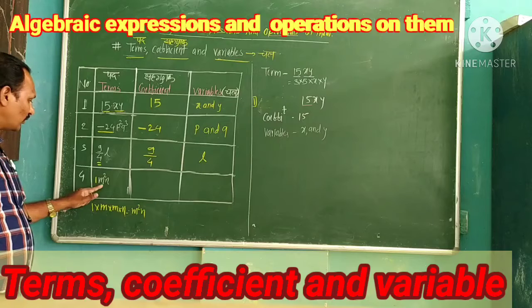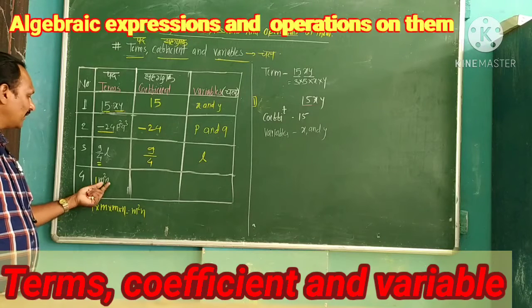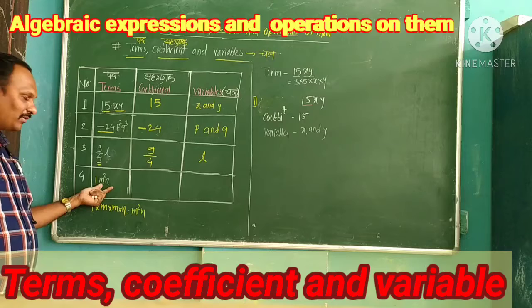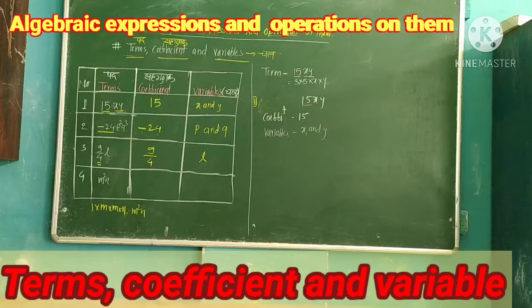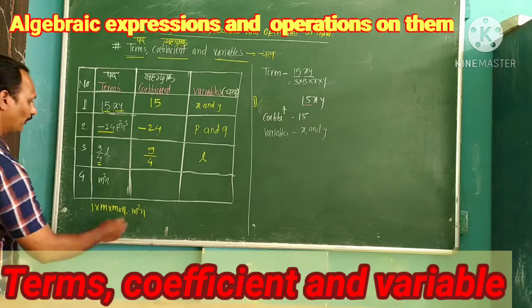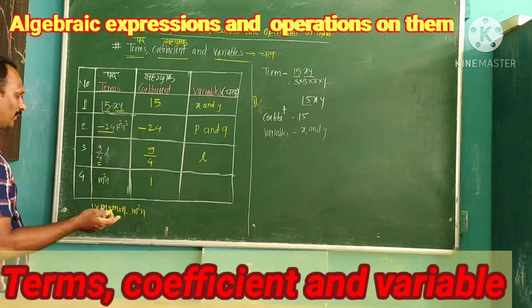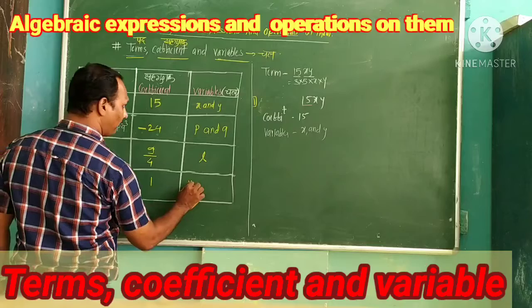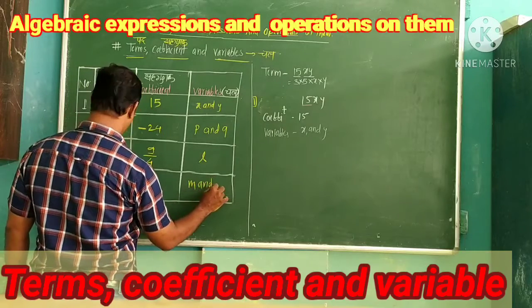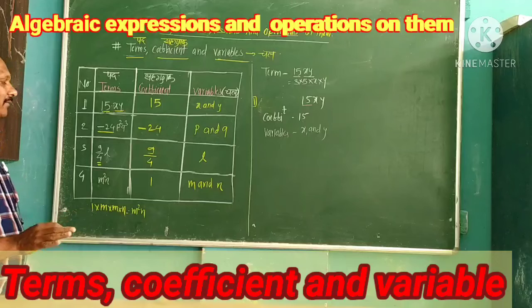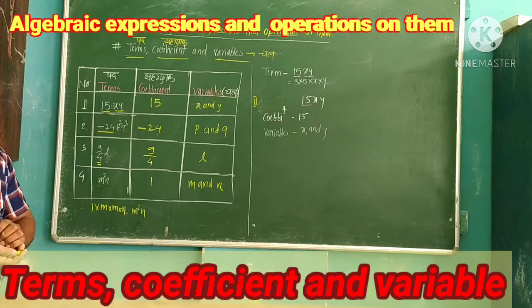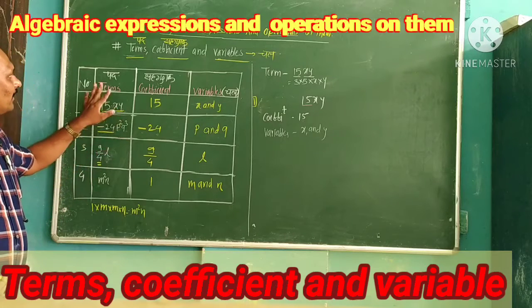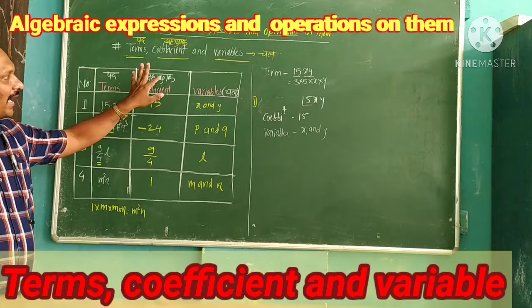When you multiply 1 with the variables, you obtain only the variables. So if there is no coefficient, you take the coefficient as 1. And the variables are m and n. So all these terms have a coefficient and variables.